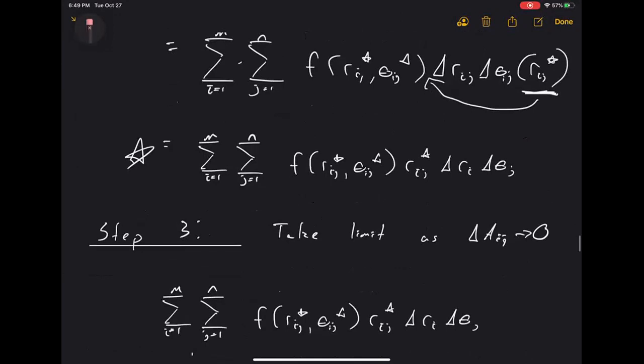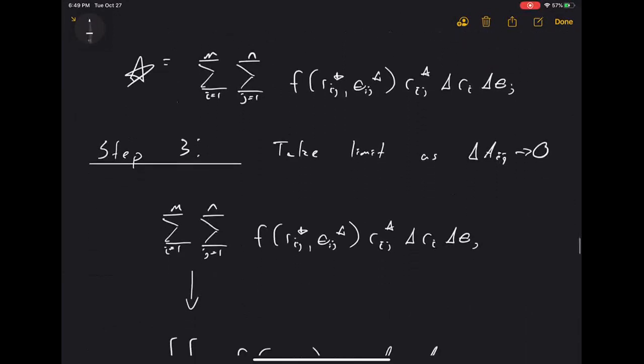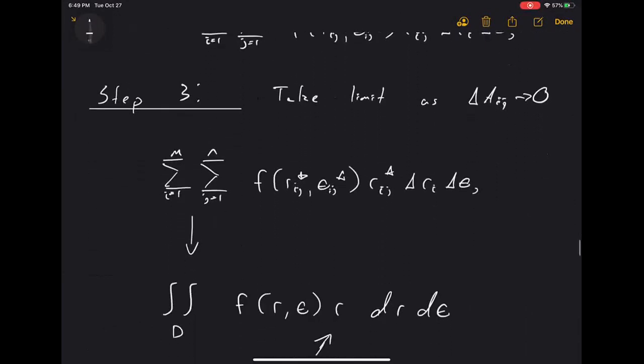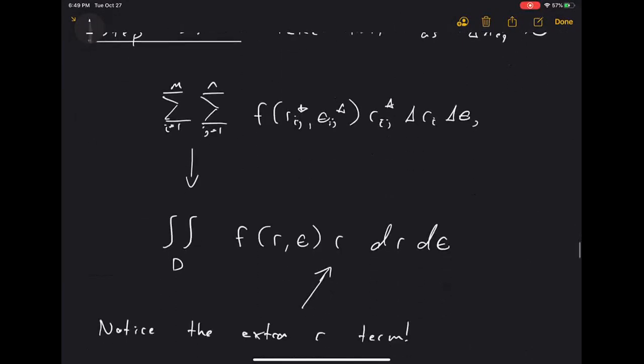Now, the last step in developing my integral is I want to take a limit. I want to take the limit as the size of my boxes goes to 0, essentially. As I take the limit as that area goes to 0, what happens? Just like with the integral in Cartesian coordinates, my summation signs become integral signs.